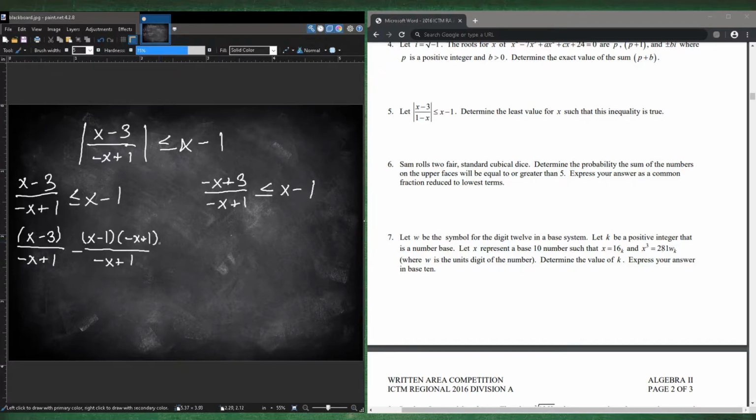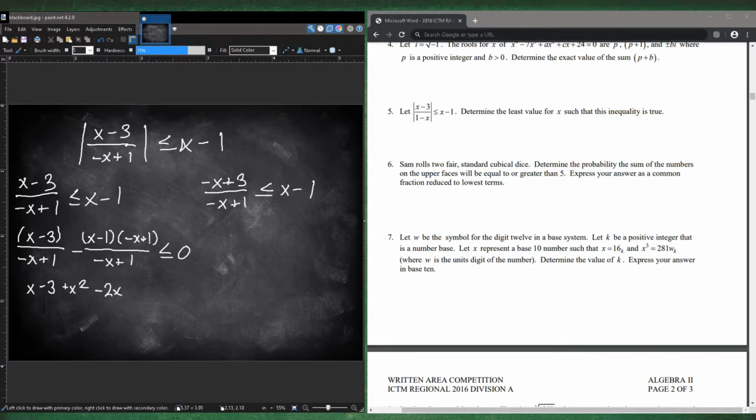So that is less than or equal to 0, because we moved it to the other side. So this simplifies to x minus 3, then negative x squared, and with that negative it becomes positive x squared. And then that's x plus x, so plus 2x, and then minus 2x because of this negative.